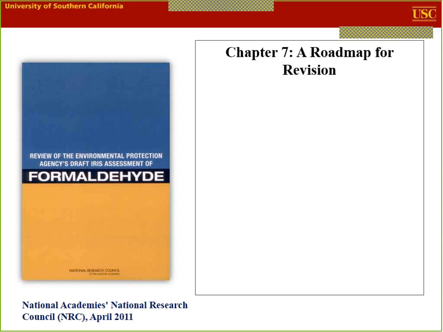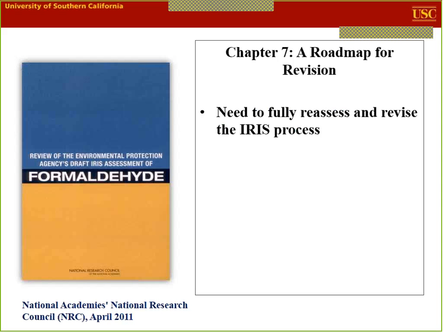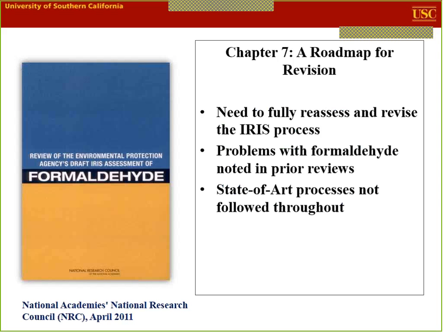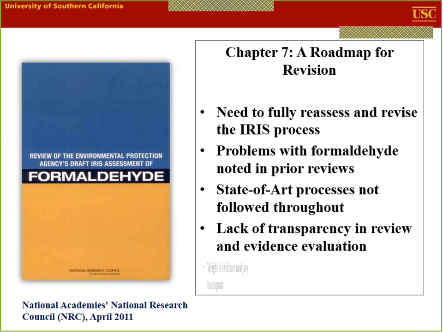We looked at the question of whether EPA had met its own guidelines in reaching conclusions. Set that aside, but what we said at the end of this was that we thought there were problems in the IRIS process and talked about the need to revise those processes, bringing in some of the just practical processes that I showed you before, like doing state-of-the-art transparent systematic reviews and a clear-cut, open weight of evidence analysis.